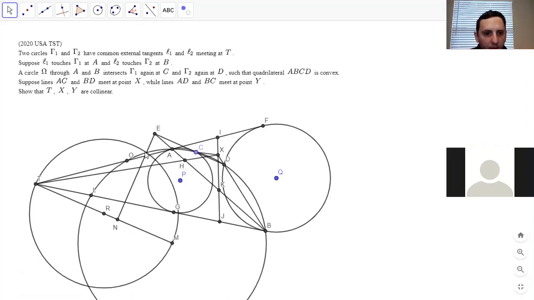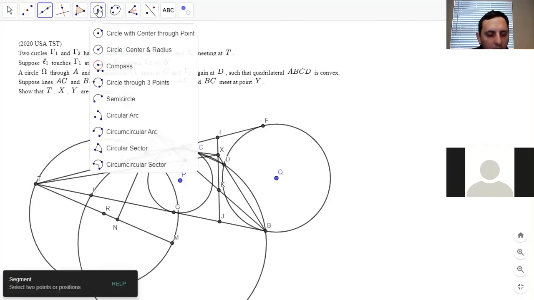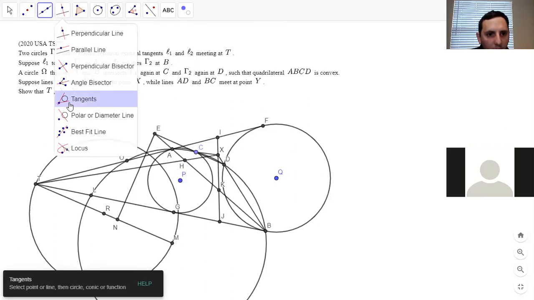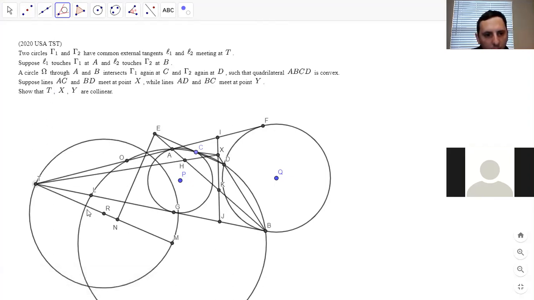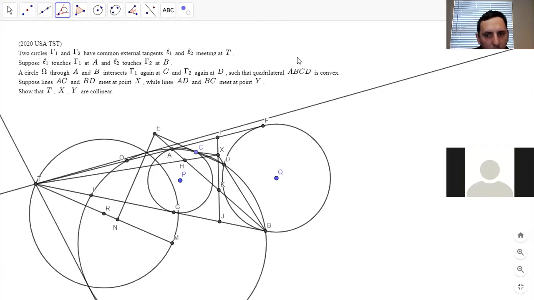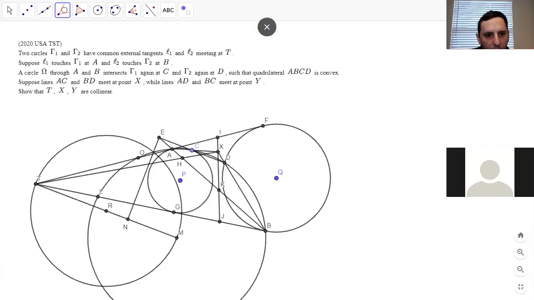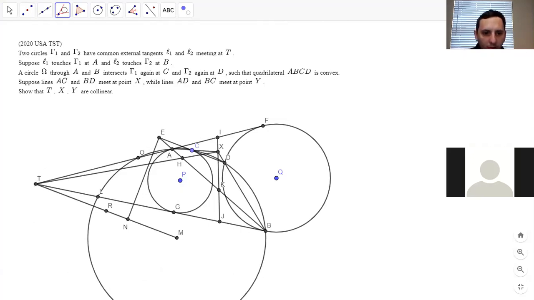So this is going to be like the point of tangency of T with that circle, if the problem is true. Yeah. Oh, and that would be equivalent to just showing that E lies on the polar of T. Yeah, there's a couple different ways to do this.